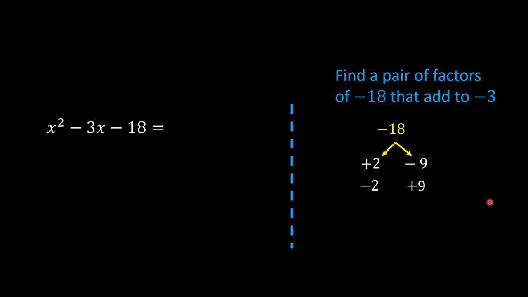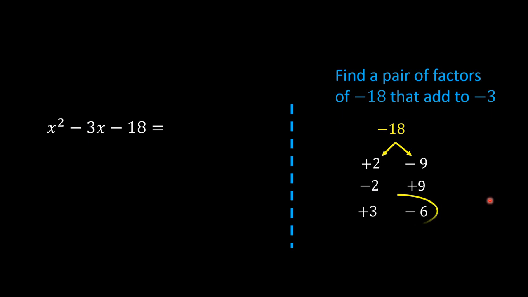Let us try another pair of factors. Positive 3 and negative 6. Positive 3 times negative 6 is negative 18. Let us try to add them. Positive 3, negative 6 is negative 3.